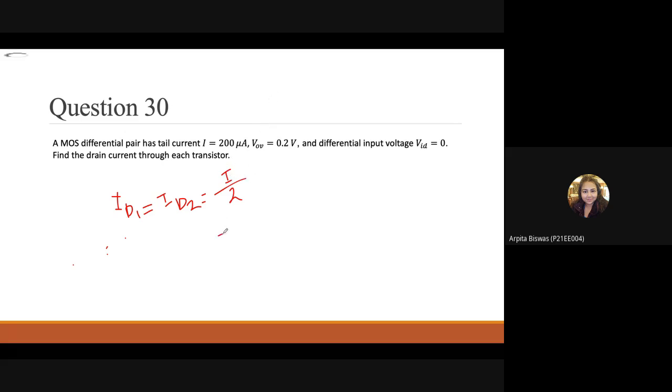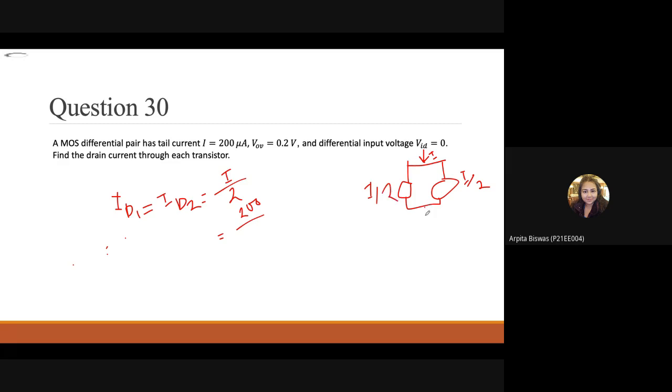So ID equals I by 2, where the tail current I is 200. If Q1 is present on one side and Q2 on the other, and both are identical or matched, then the total current I flows through the tail, and I by 2 flows through each side.